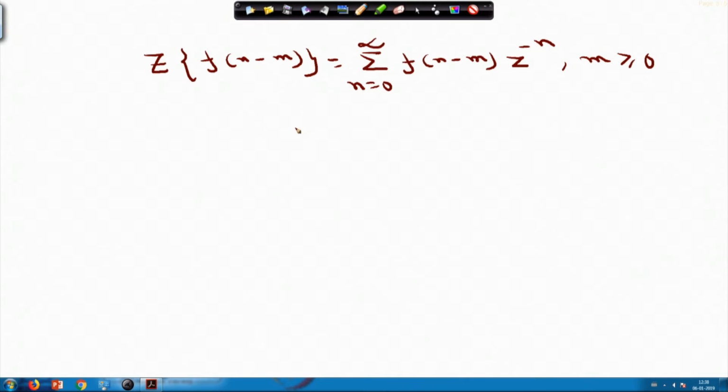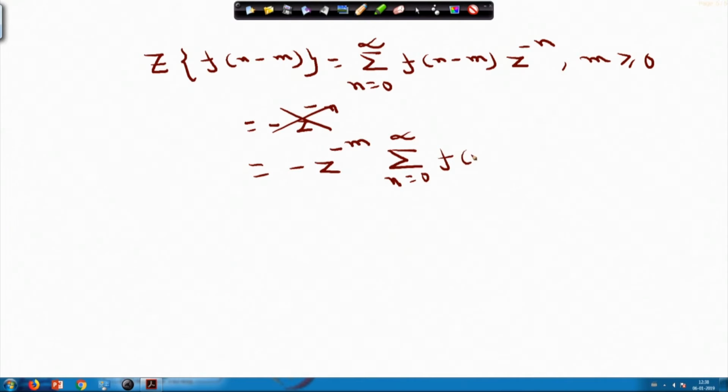So, instead of this z to the power minus n, I can write z to the power minus m here, so that summation n equals 0 to infinity f of n minus m into z to the power minus n is there, and this z to the power minus m will be cancelled.